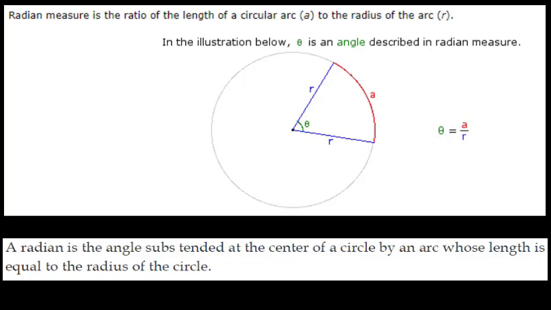To start with, we first need to understand what exactly radian measure is.